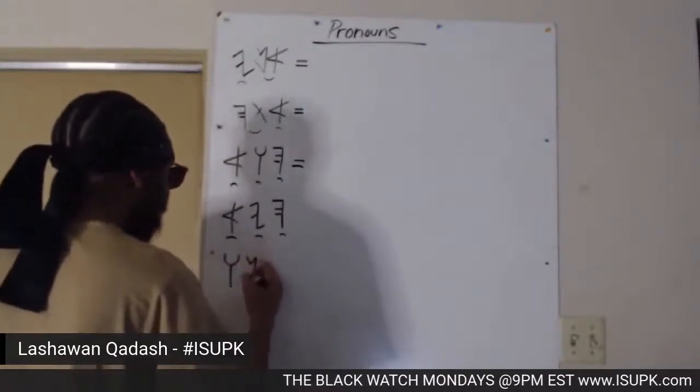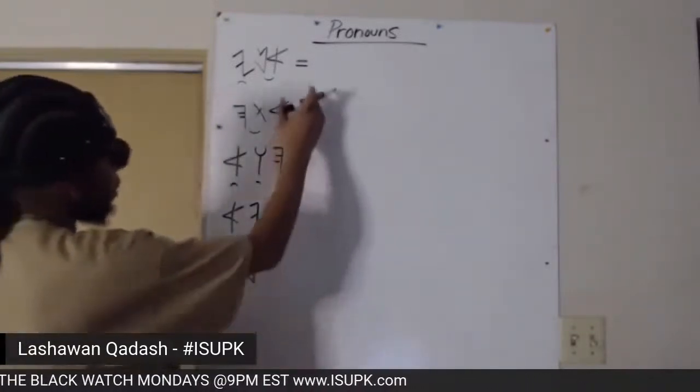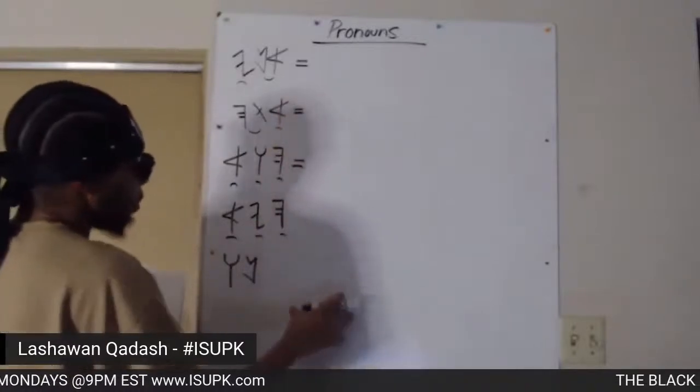As I'm writing these out, there might be a cut off on the screen. Don't worry about that. As we get to each word, I'm going to put the camera on each word.